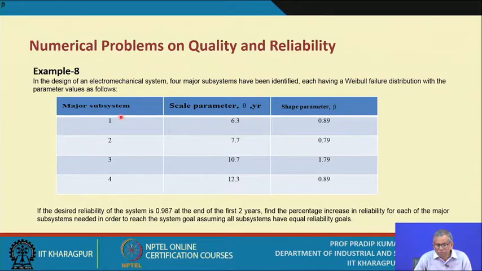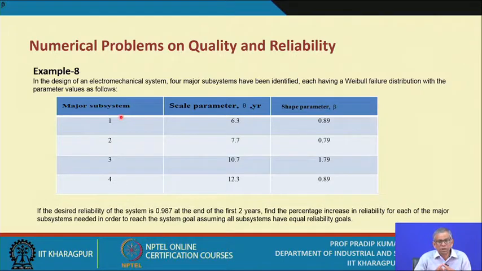What we have assumed, if you remember, is that the exponential time to failure distribution is a special case of, say, the Weibull time to failure distribution, right? And the Weibull distribution has 3 parameters.